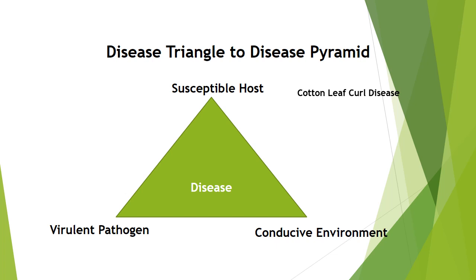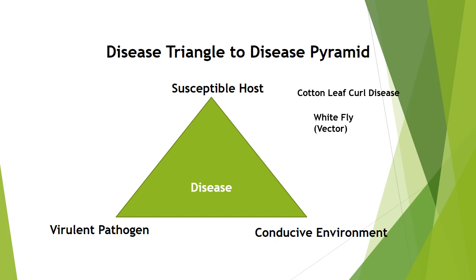If the disease occurs, it means that the cotton variety is susceptible, the virus is virulent, and the environmental conditions are conducive. But the disease fails to occur if the vector, which is the whitefly, is absent. What the whitefly does is pick the virus from the infected plant and transmit it into the healthy plant. And if you can eliminate the whitefly, despite the cotton plant being susceptible, the virus being virulent, and the environmental conditions being conducive, there would be no disease.